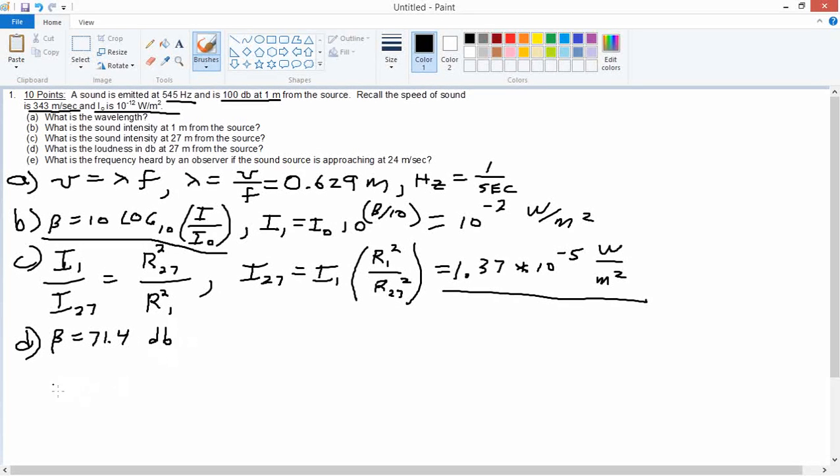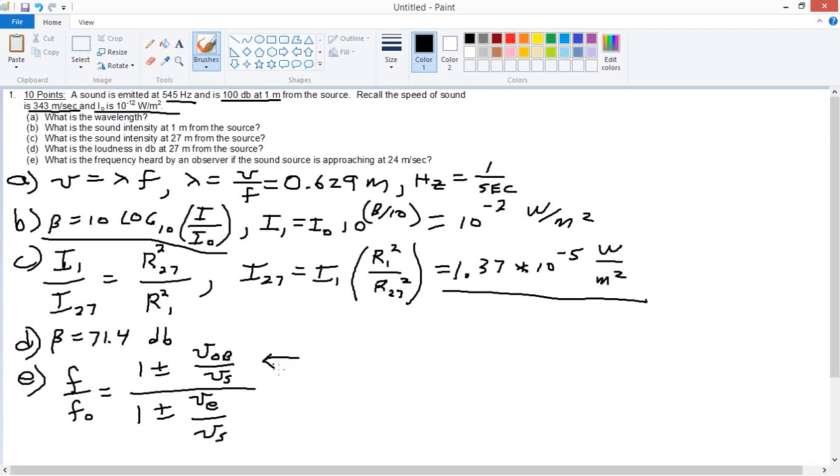Okay. Finally, E. This is a Doppler question. Frequency over the original frequency, the starting frequency, is 1 plus or minus the velocity of the observer over the velocity of sound, divided by 1 plus or minus the velocity of the emitter over the velocity of sound.